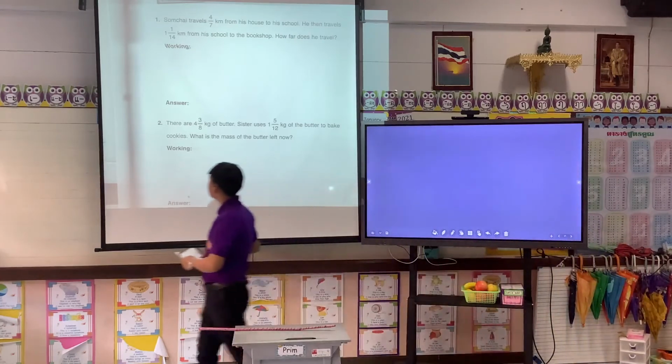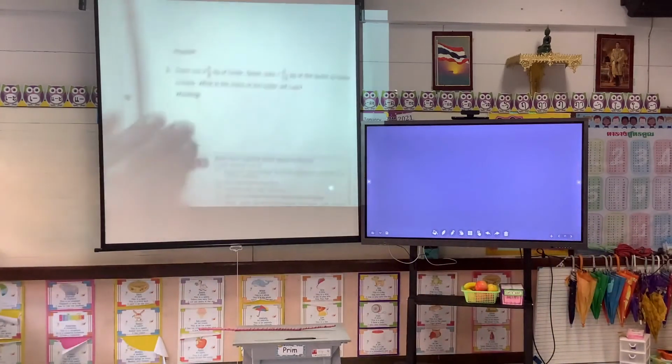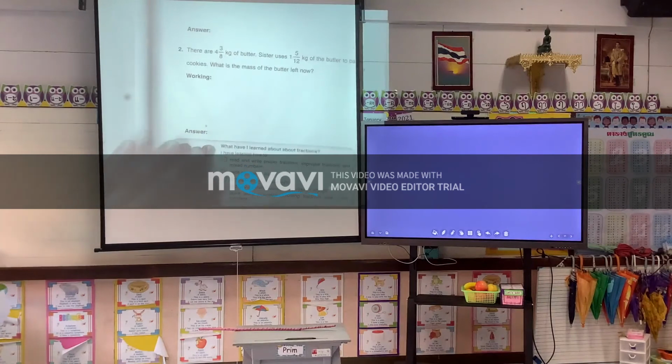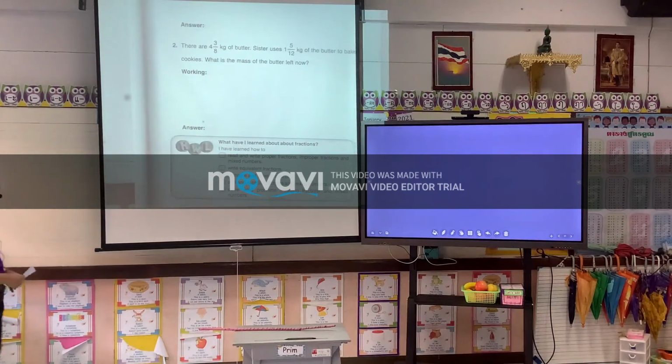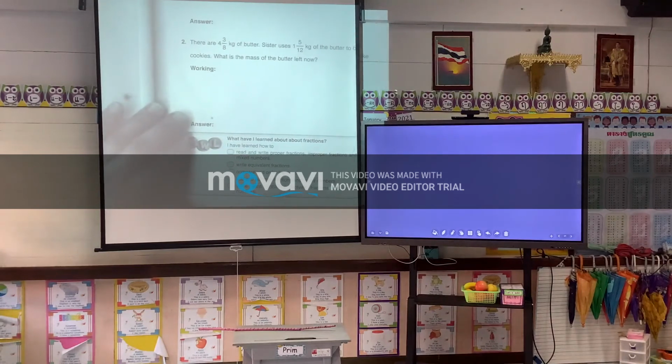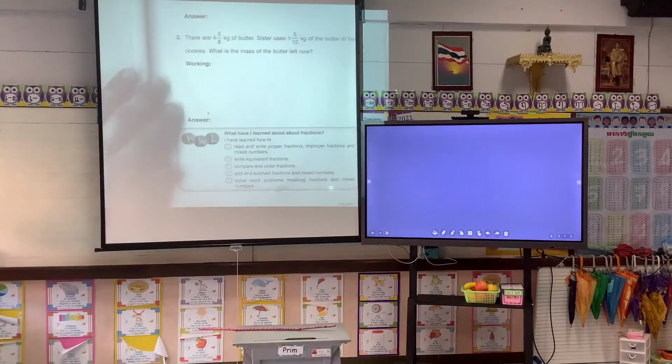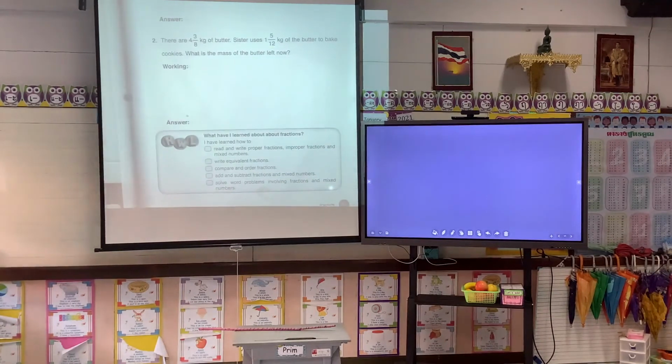Okay, the last one is, there are 4 and 3/8 kilogram of butter.